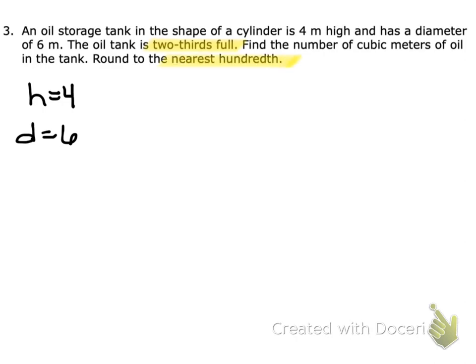Okay, our formula for volume of a cylinder is volume equals pi r squared h. How do you think this formula has to change for this problem? It's 2/3 full. So we are now going to be calculating 2/3 pi r squared h.